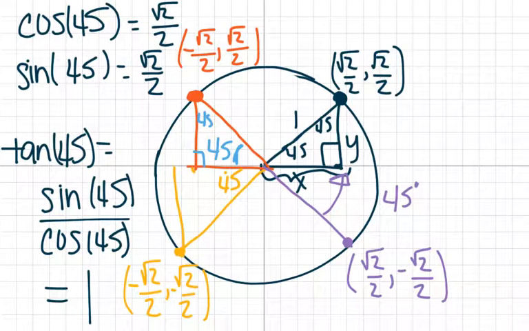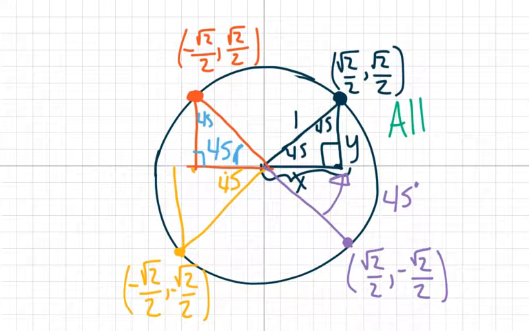So the sign of your coordinates is determined by your quadrant. In quadrant 1, both your x and y's are positive, so that means that your tangent is also going to be positive. So all of our trig functions here are positive in the first quadrant. In the second quadrant, our x's are going to be negative, but our y's are going to be positive.